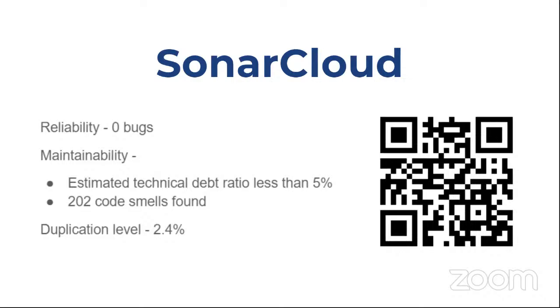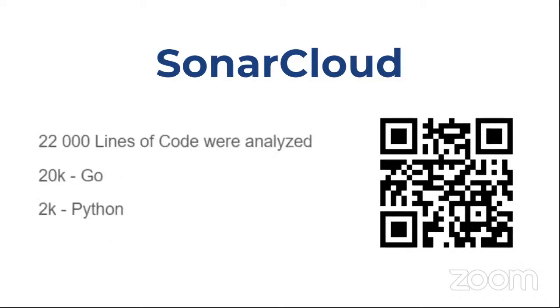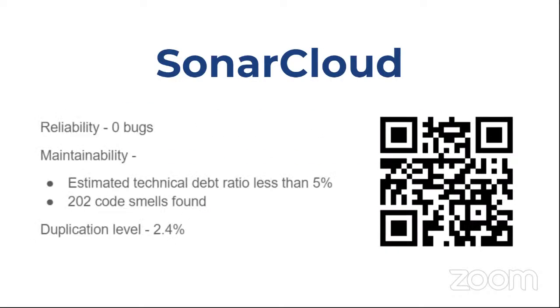Okay. Also, here you mentioned that you have reliability with 0 bugs, and you found some bugs. How does that compare? Would the bugs that you found impact the reliability or not?